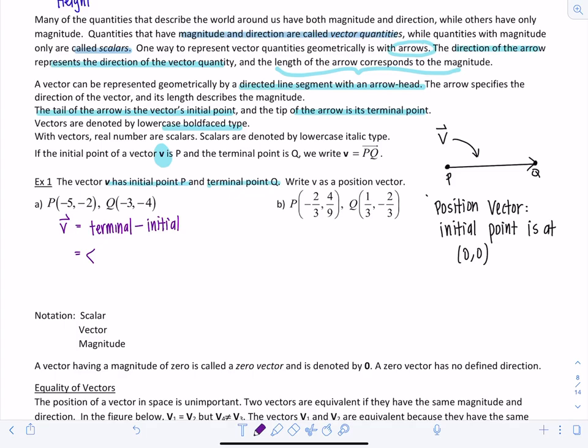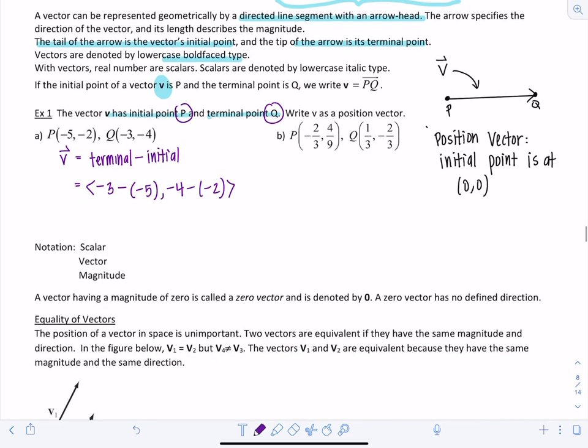So they're telling me the initial point is P and the terminal point is Q. You're going to take the x coordinate of Q, terminal, -3, minus initial, which is the x coordinate of P. And then my new y component is going to be -4 minus -2. So this would be -3 plus 5, which is 2, and then -4 plus 2, which is -2.